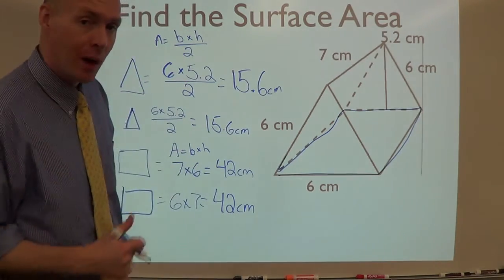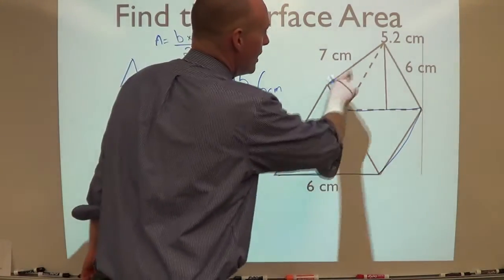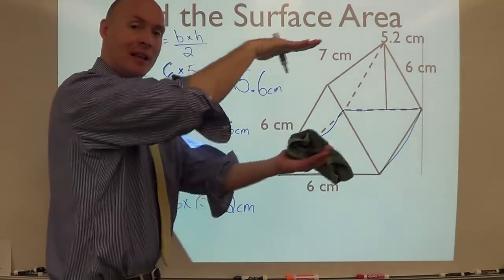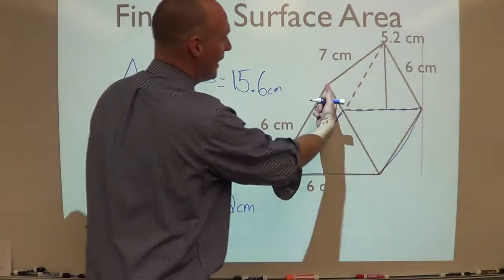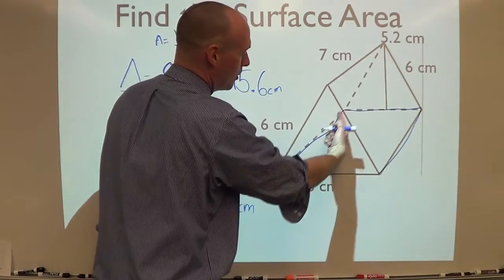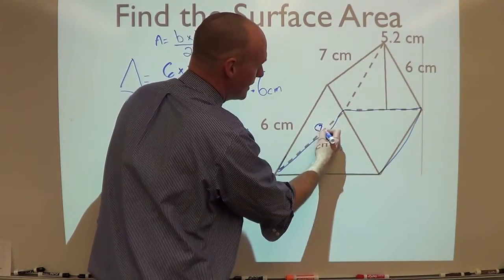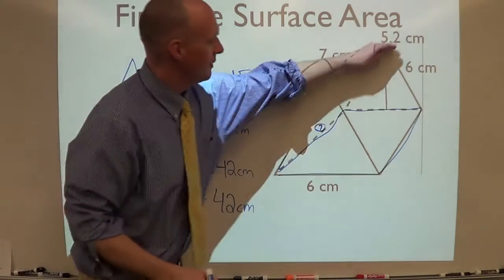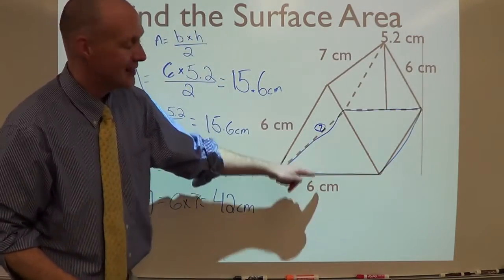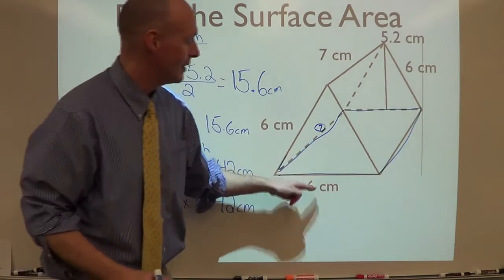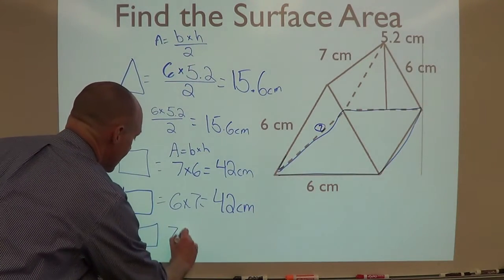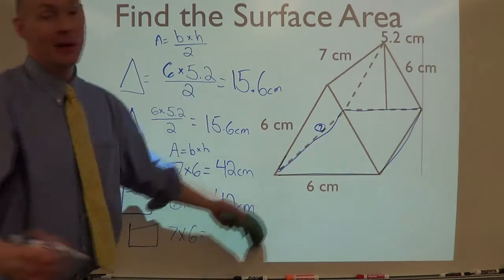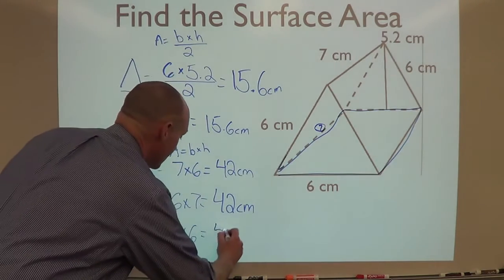Well, if we think back to our old rectangles, aren't the top and bottom parallel and equal? Yeah. So if that's 7, then we know that this line must also be 7. 7 and 7. So in this case, the bottom is going to be 7 times 6, which we know is 42.